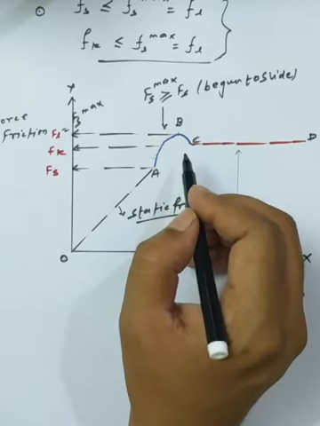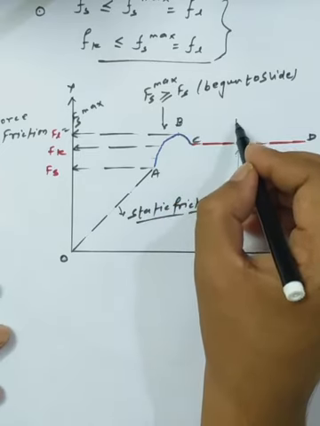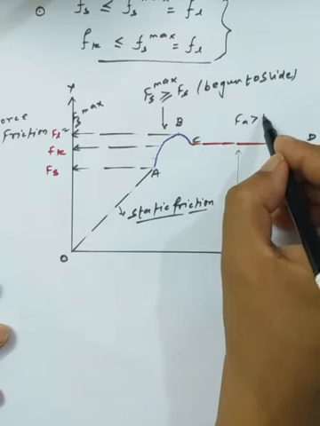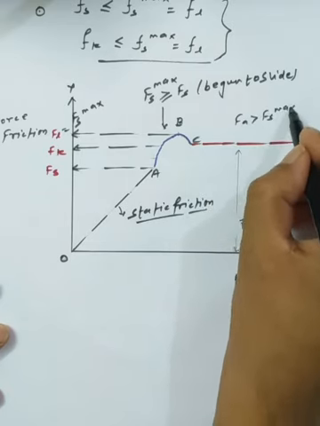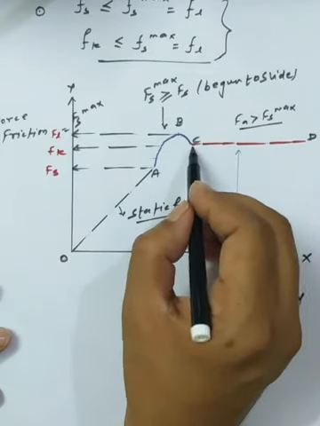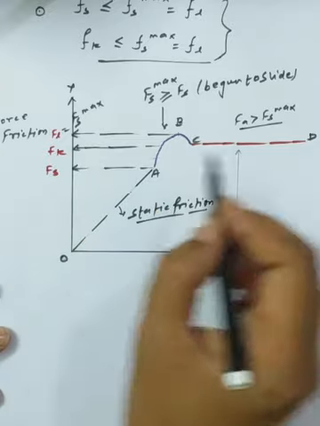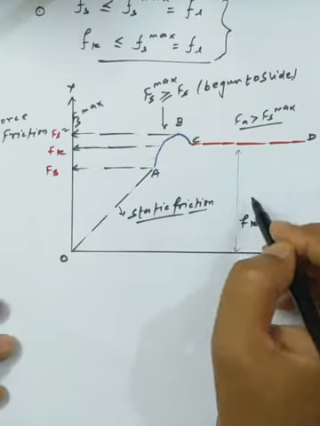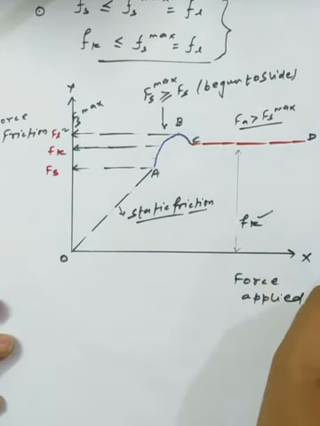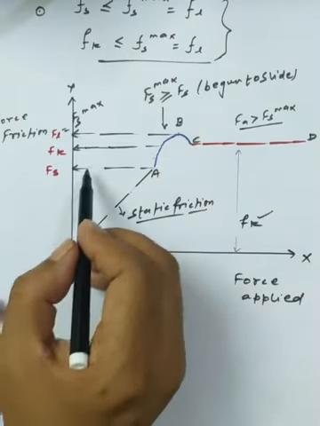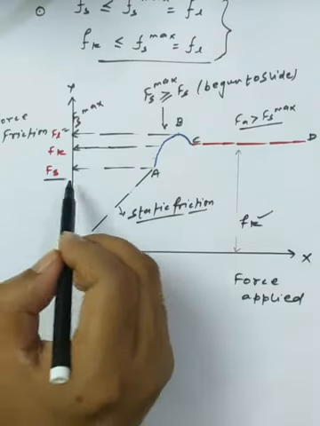Then we increase the magnitude of the applied force beyond Fs max, and the force of friction has a slightly smaller magnitude, and the box moves steadily. In this case the force of friction is called kinetic friction, shown on the y-axis. Portion O to A we regard as static friction.